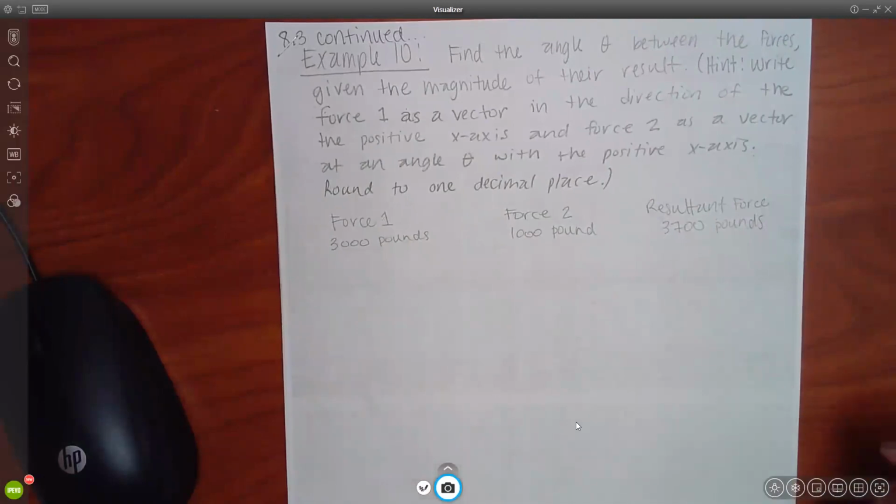So it says, find the angle between the forces given the magnitude of their result. And then it has a hint. It says, write force 1 as a vector in the direction of the positive x-axis and force 2 as a vector at an angle of theta with the positive x-axis, okay? What does that mean?